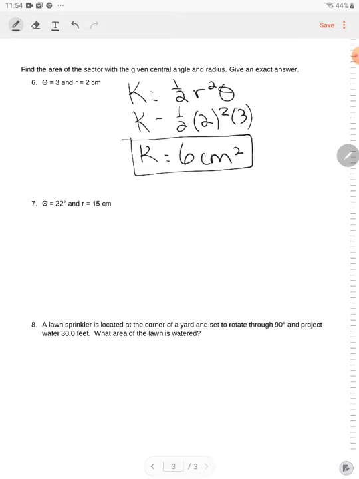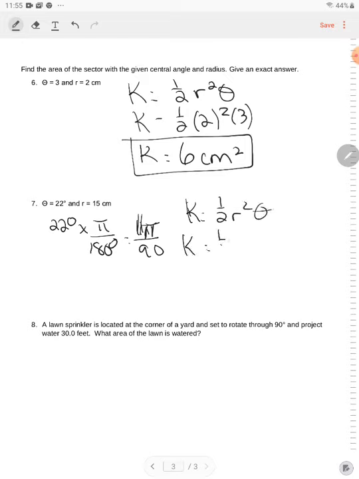Okay, theta equals 22 degrees. R is equal to 15. So again, 22 degrees times pi over 180. And that gives us 11 pi over 90 radians, because we converted 22 degrees to 11 pi over 90 radians. So area K is equal to 1/2 R squared theta.